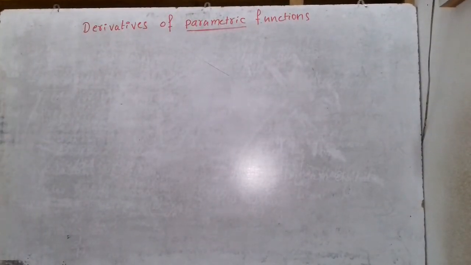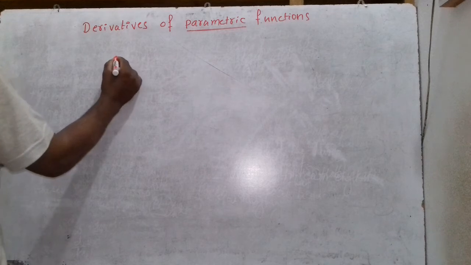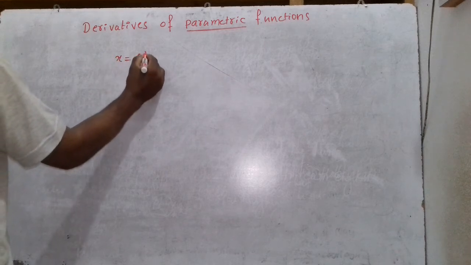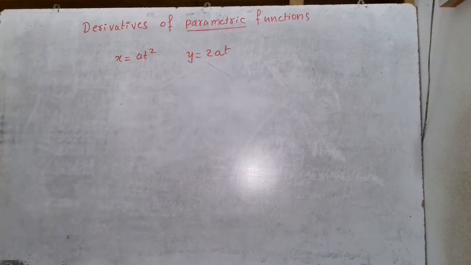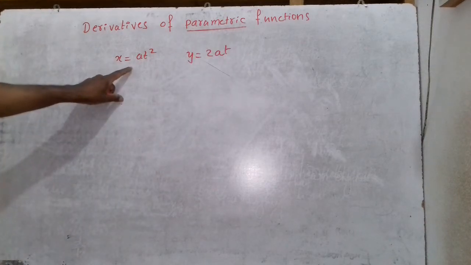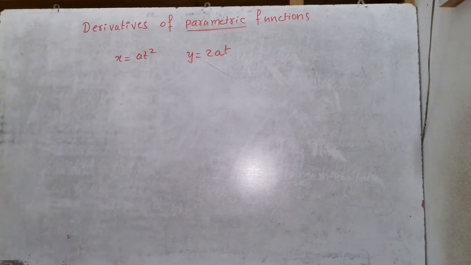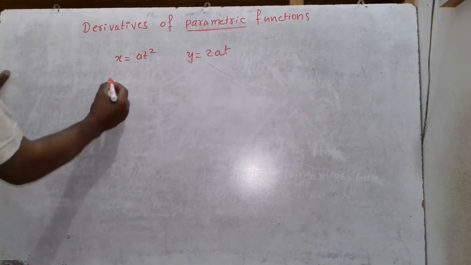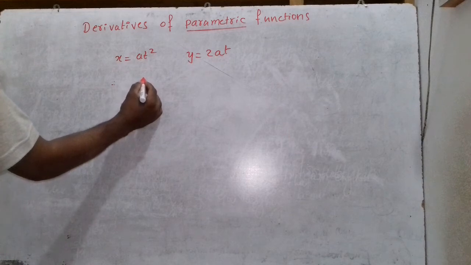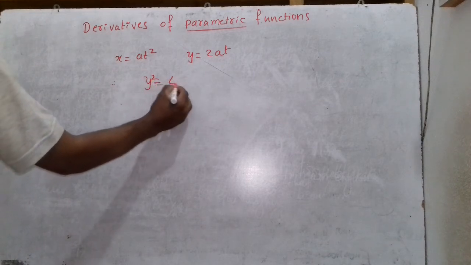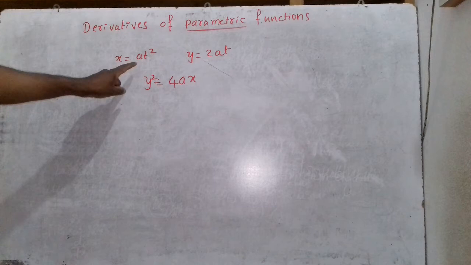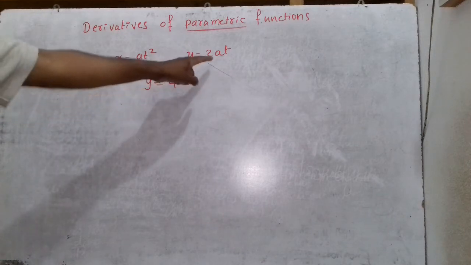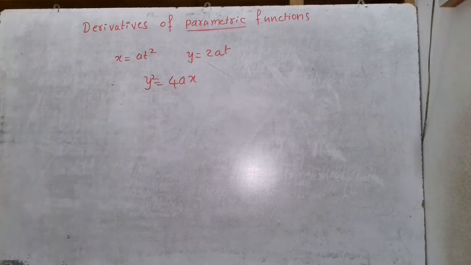Now consider another example, x equal to a t square, y equal to 2at, and consider the equation of a parabola, y square equal to 4ax. Now substitute x equal to a t square and y equal to 2at in the equation of the parabola.